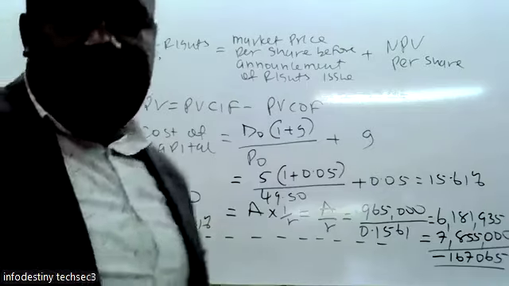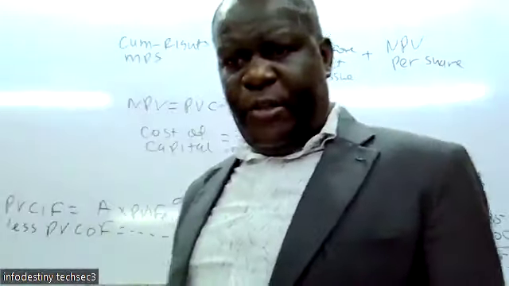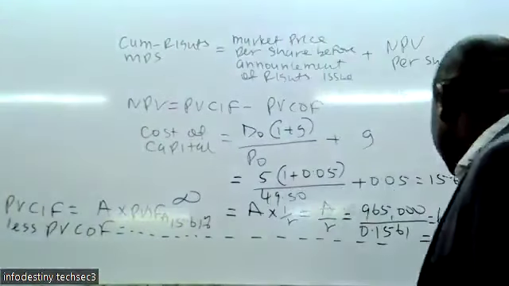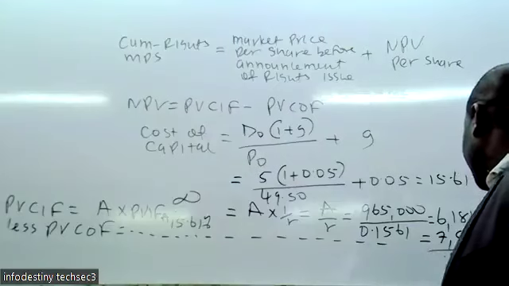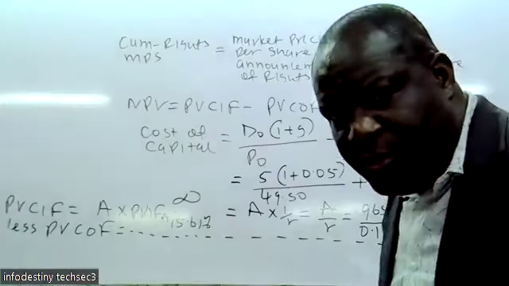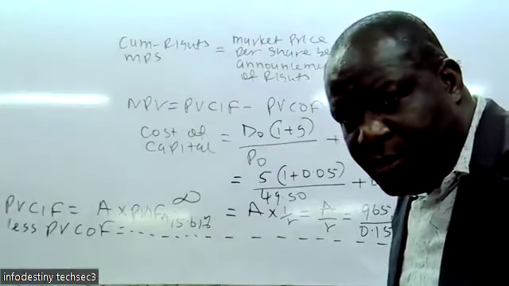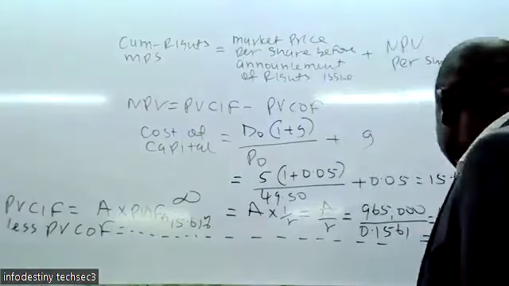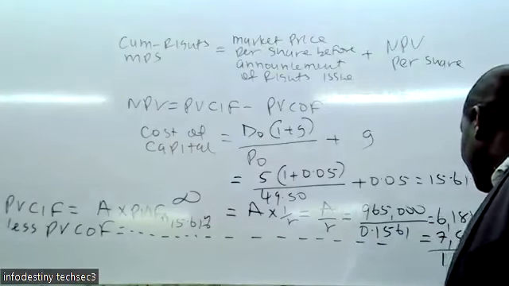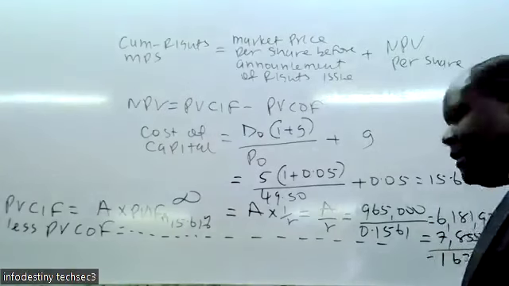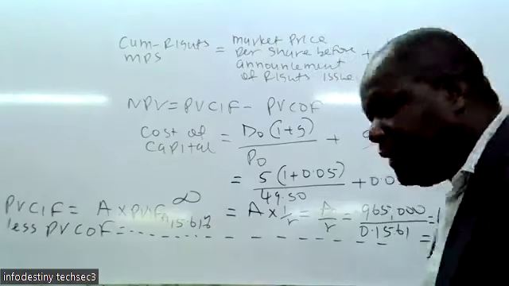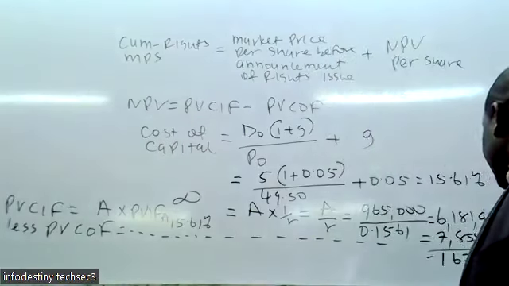So you are supposed to get the NPV per share. So this one, I'm told it is meant to be 1,673,065.